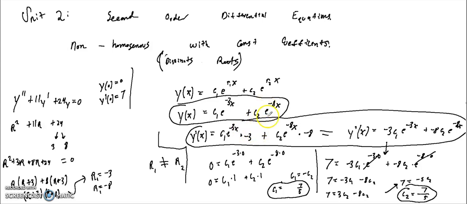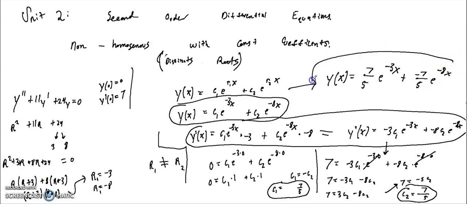And we are all good. So let's just rewrite this finally as y of x equals 7/5 e to the negative 3x, and plug in c2 into here, plus negative 7/5 e to the negative 8x. And that is our final answer.